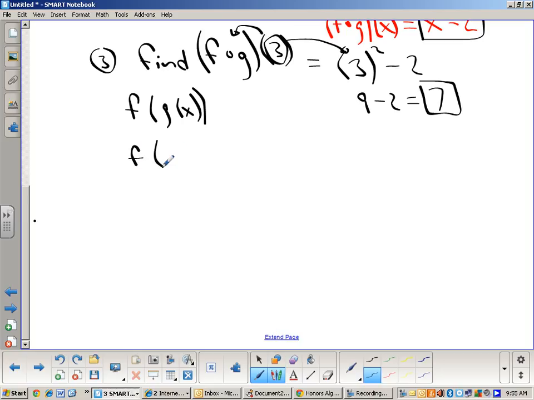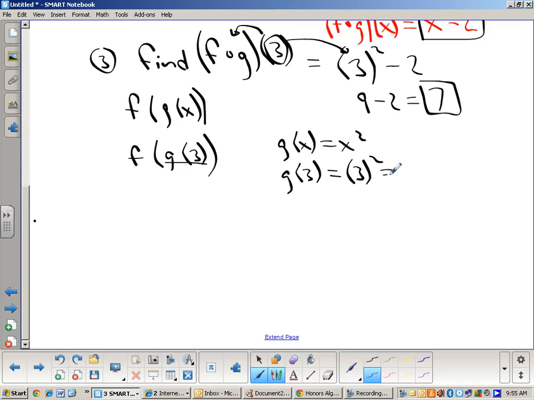We're going to find g of 3. Remember, g of x was x squared, so g of 3 is going to equal 3 squared, or 9.